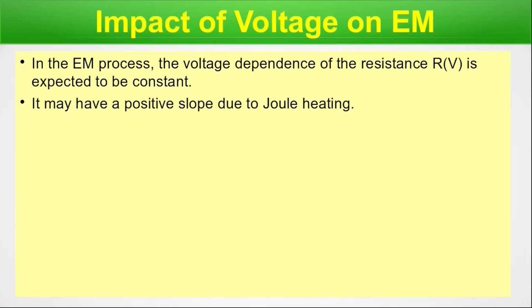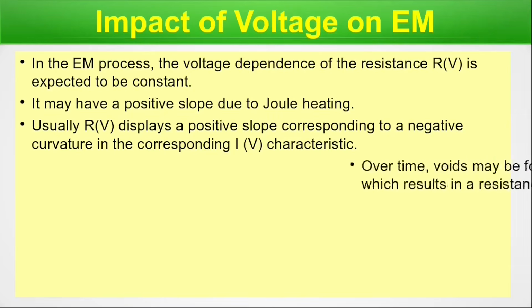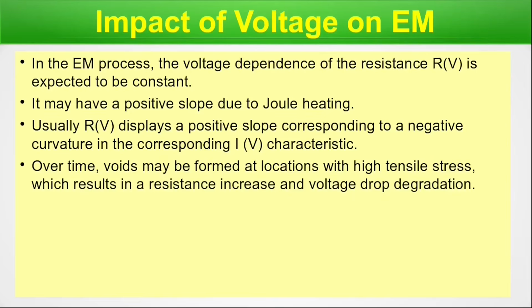It may have a positive slope due to Joule heating. Usually, R-V displays a positive slope corresponding to a negative curvature in the corresponding I-V characteristic. Over time, voids may form at locations with high tensile stress, which results in a resistance increase and voltage drop degradation. Let me explain this point.